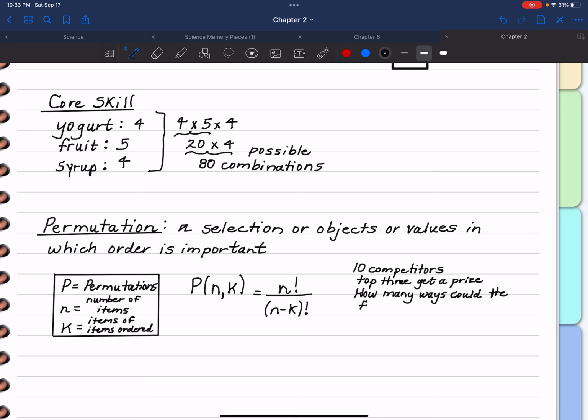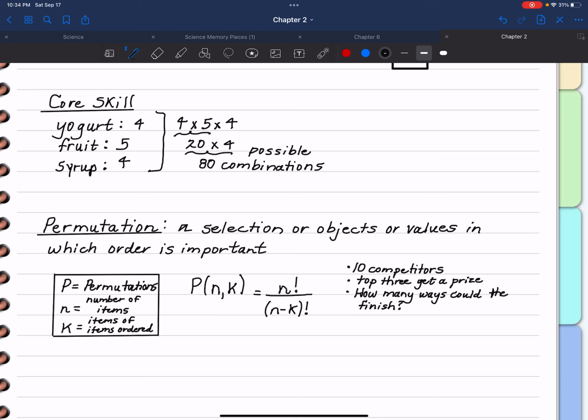This is a permutation because the order matters. In order to get a prize, you have to finish in one of the top 3 seats. And that's what makes it a permutation. So let's assign some variables here. 10 competitors.